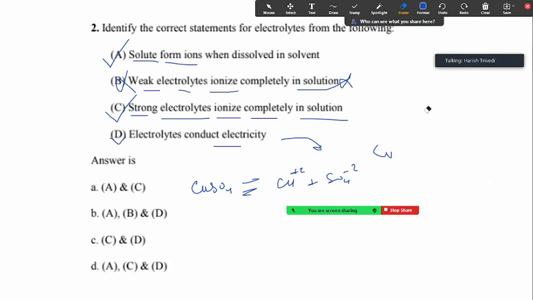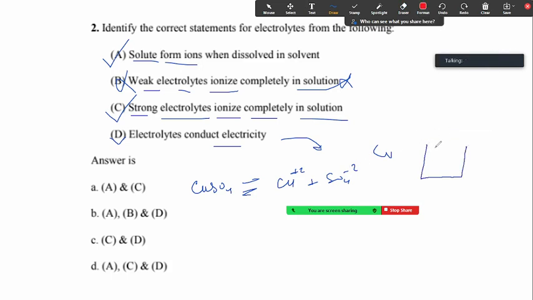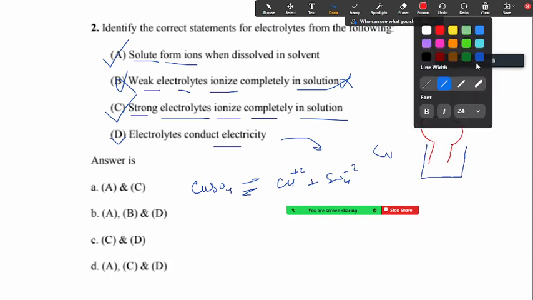How will it look like? Suppose you are taking one cell, and you are putting two electrodes. Here you can provide one battery.